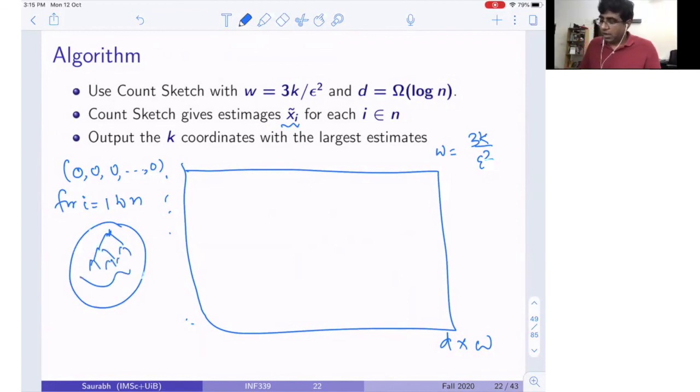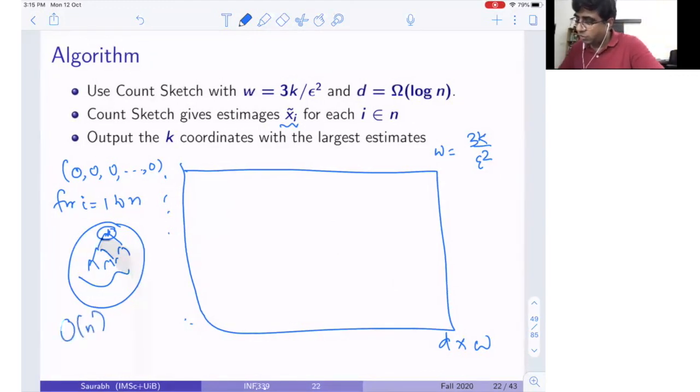If I get another estimate xi tilde that is larger than the minimum stored among these k, I throw that one out and put the new one in. This way I can store the k candidates with just order k space. Of course, the running time is order n to output the desired vector z.